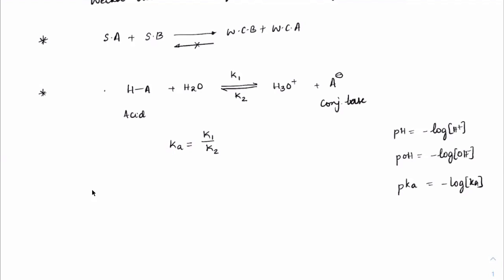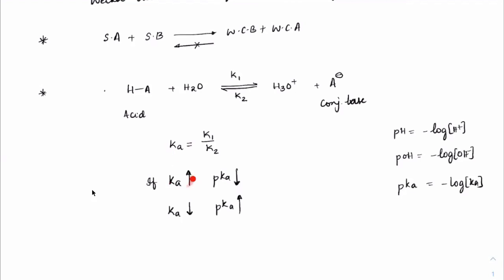So it is evident that if the Ka value is more, the pKa value would be less, and if the Ka value is less, the pKa value would be more.